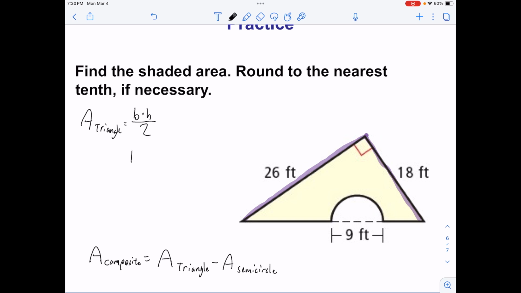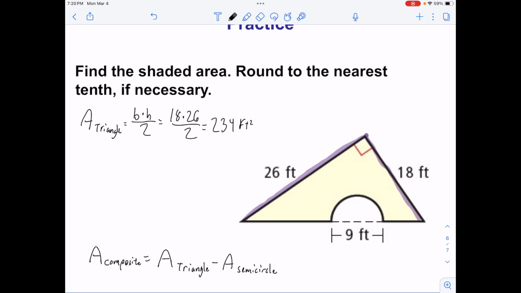So 18 times 26 over 2. Put that in the calculator to give us, this is an exact number, 234, and that's going to be feet squared.